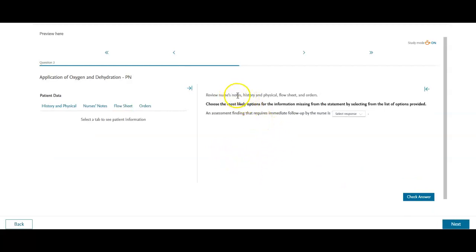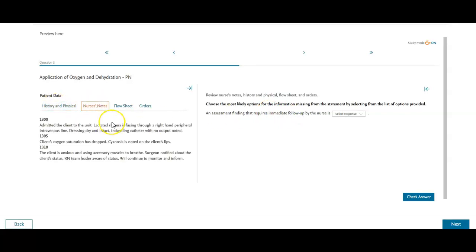We're going to review nurse's notes, H&P, flow sheet, and orders. And then in this question, you're going to just drop down to look for what requires immediate follow-up. So we have to prioritize. We have accessory muscles, still O2, and cyanosis.